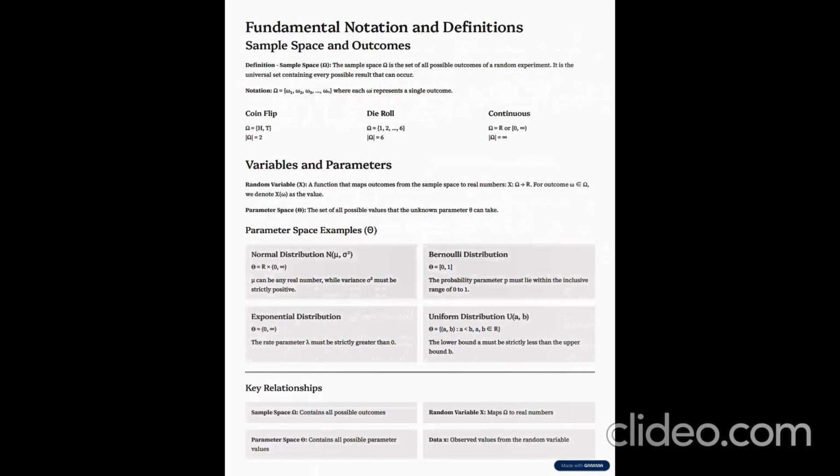Think of the sample space simply as a complete catalog of everything that could possibly happen. Whether you are flipping a coin, rolling a die, or measuring a continuous value, the sample space is just the collection of all those potential outcomes.